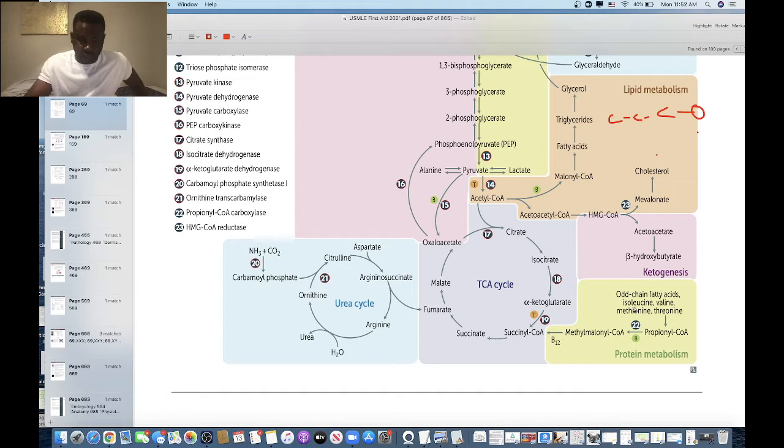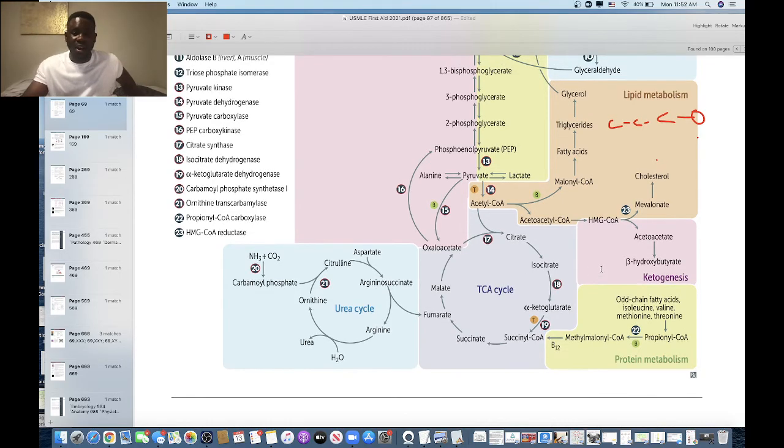Propionyl-CoA. These ones they call VIL. VIL has a branch, right? Branched chain amino acids. So I just call them VIL. My mnemonic: VIL has a branch, and I have a mnemonic for the amino acids if you want me to say it quickly. It's like a song.